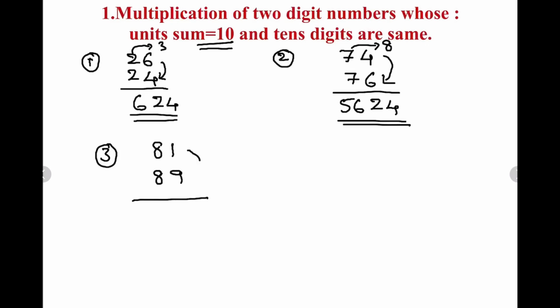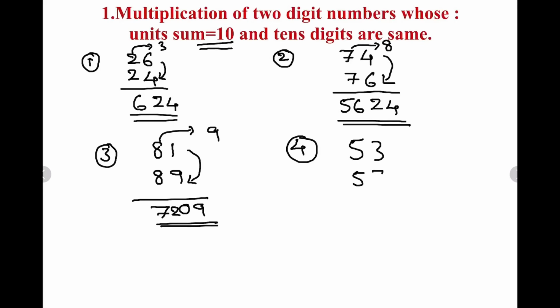Then 1 into 9, I have to keep 09. 8 and the next number 9, 8 into 9, 72. If we go with another example, 53 is multiplied with 57. 3 into 7, 21. 5 and the next number 6, 5 into 6, 30.